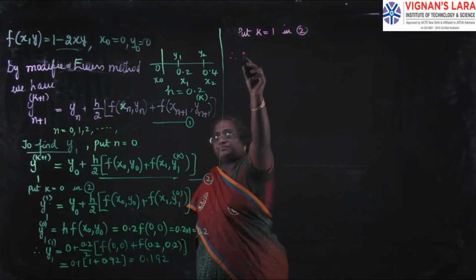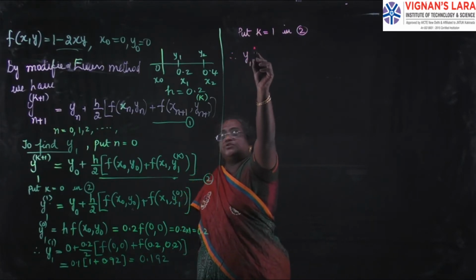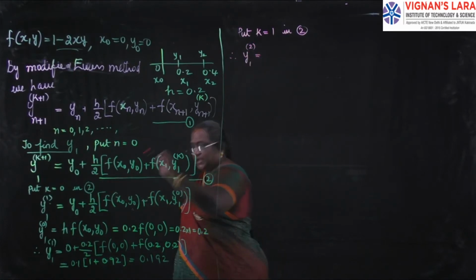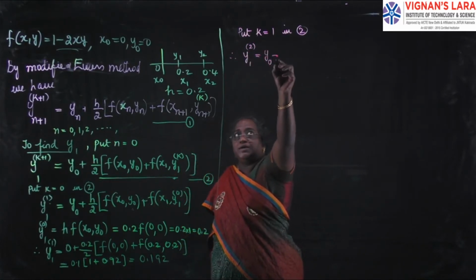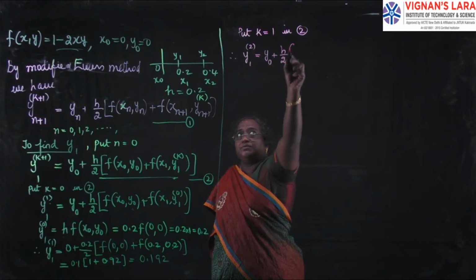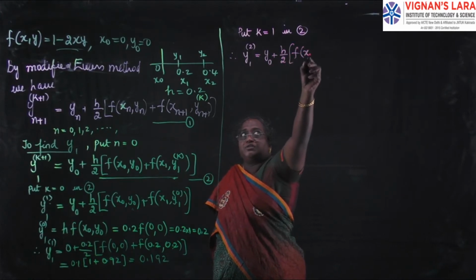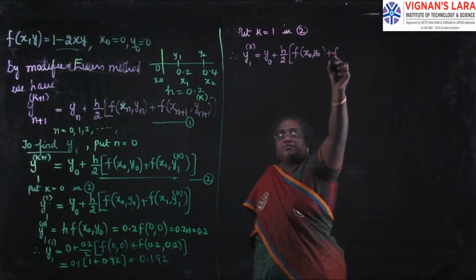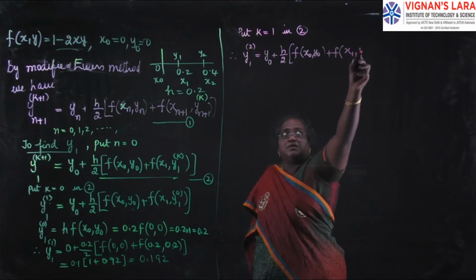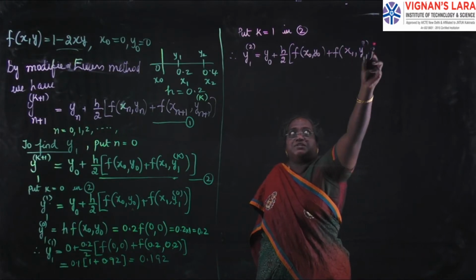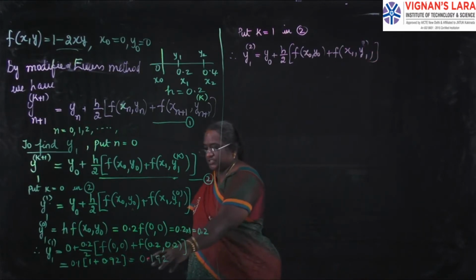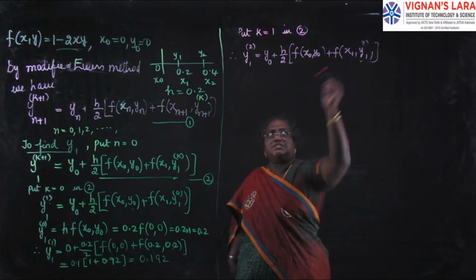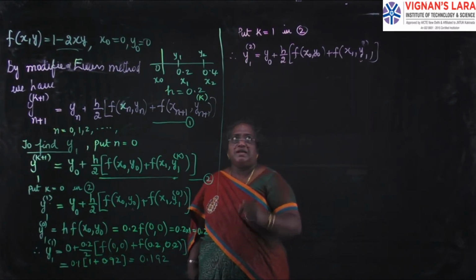Therefore, second approximation of y1. So look at this formula and write y naught plus h by 2 into f of x naught y naught plus f of x1, y1 first approximation. Just now we got the first approximation of y1. All the time remember, only this term changes whenever you calculate y1.